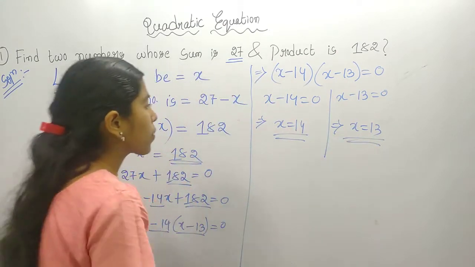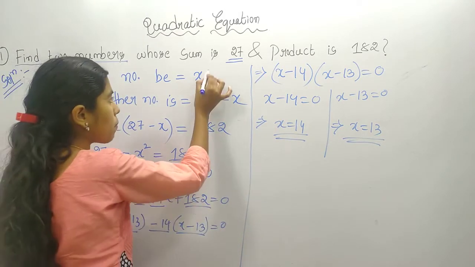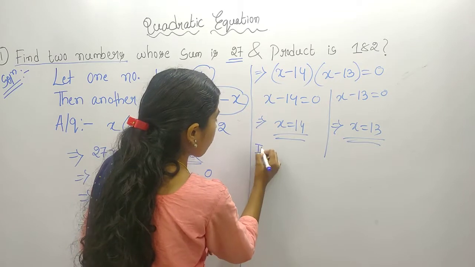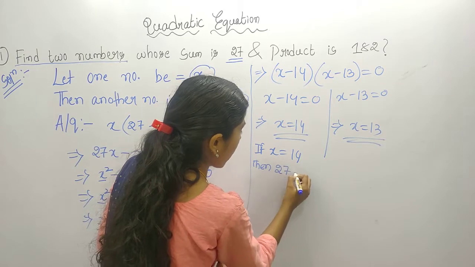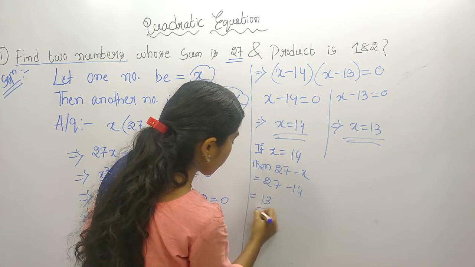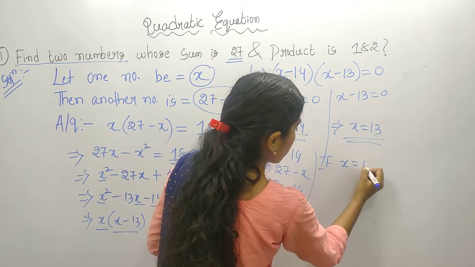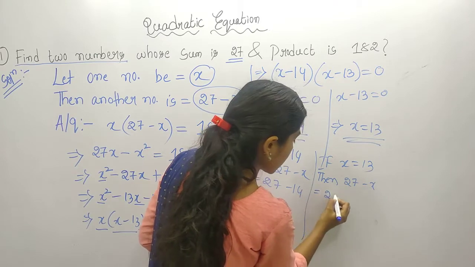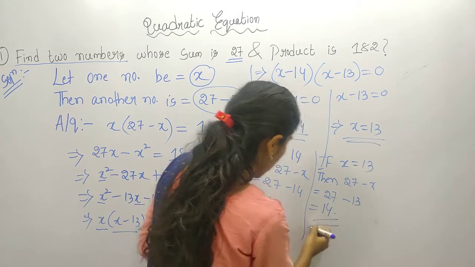One value is 14, another value is 13. But here it's given in the question: find two numbers. We took one number as x, another number is 27 minus x. If x equals 14, then 27 minus x equals 27 minus 14, which equals 13. Similarly, if x equals 13, then 27 minus 13 equals 14.